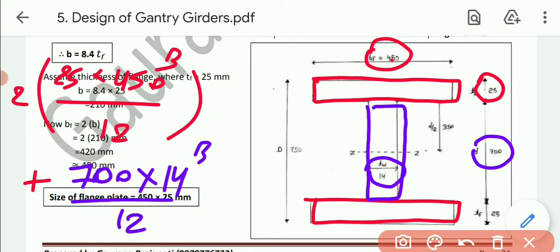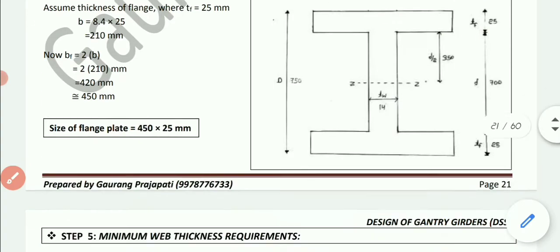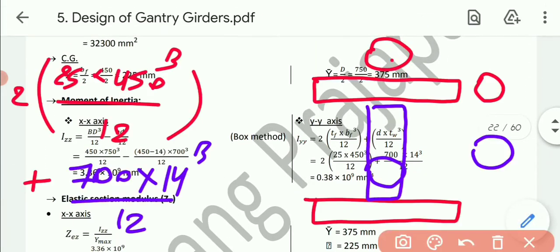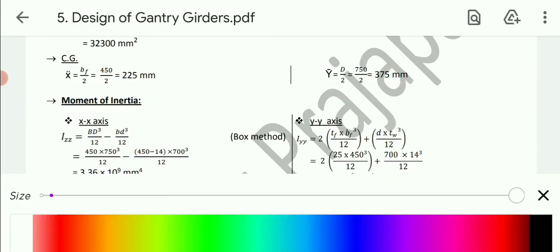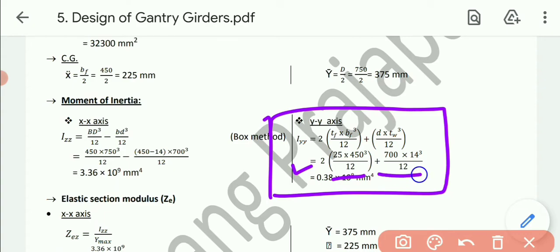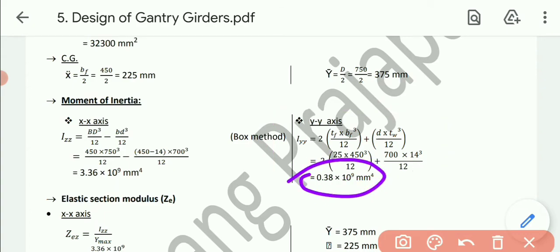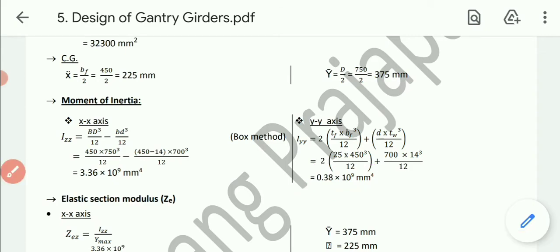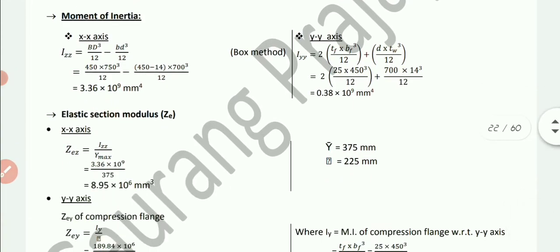Clear? That will be the moment of inertia with respect to y axis. See, 2 times 25 into 450 cube by 12 plus 700 into 14 cube by 12. So I will get the answer 0.38 into 10 raised to 9 mm raised to 4. Clear? So I have got area, CG, then MI also.